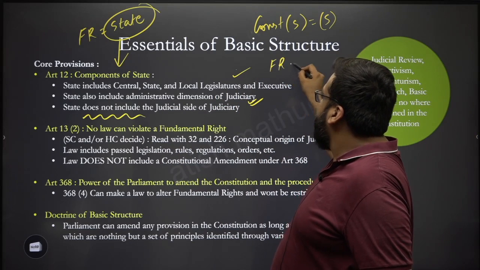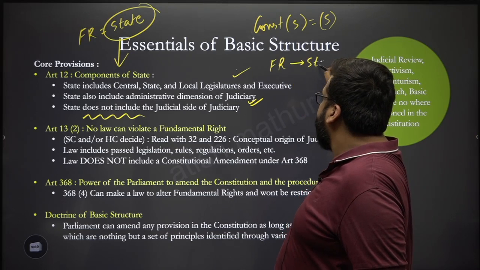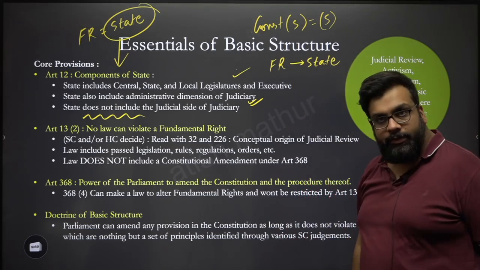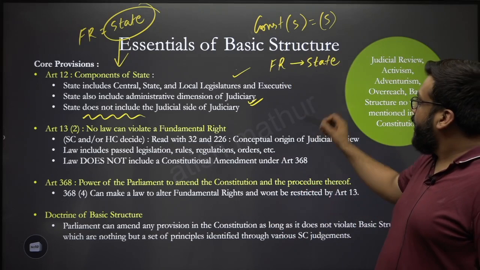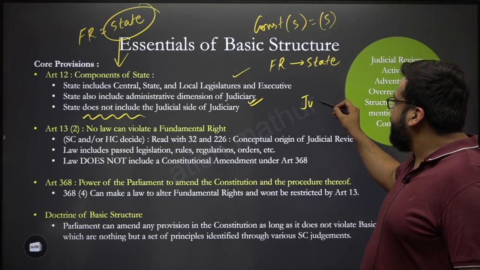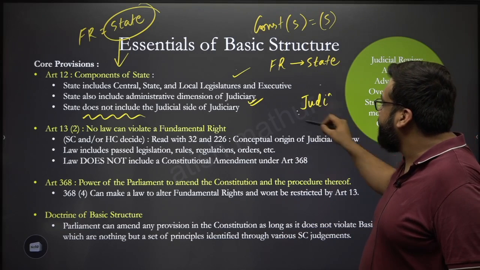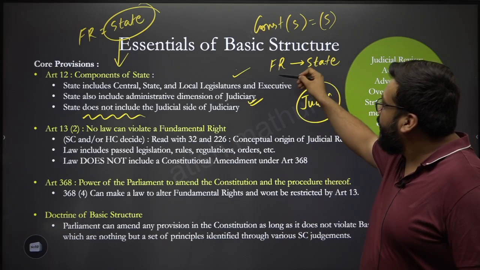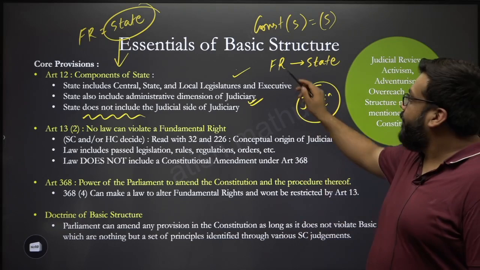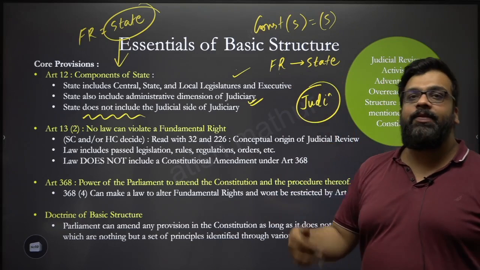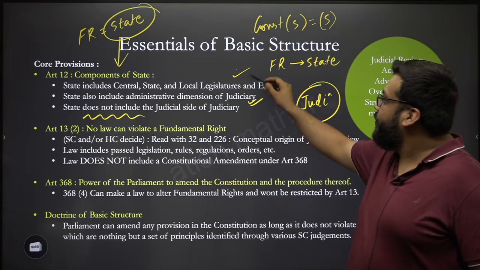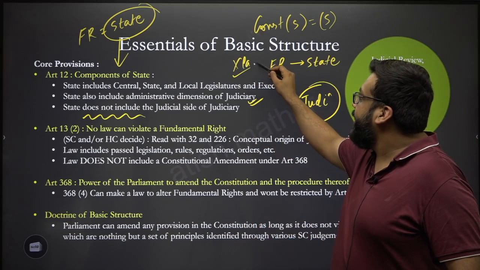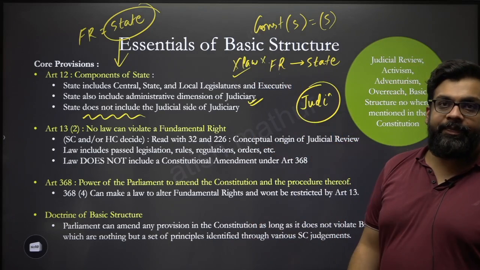Fundamental rights are available against the state, right? If the judicial side of the judiciary was state, then the judiciary will not be able to decide what is a fundamental right violation and what is not, because no law can violate a fundamental right.